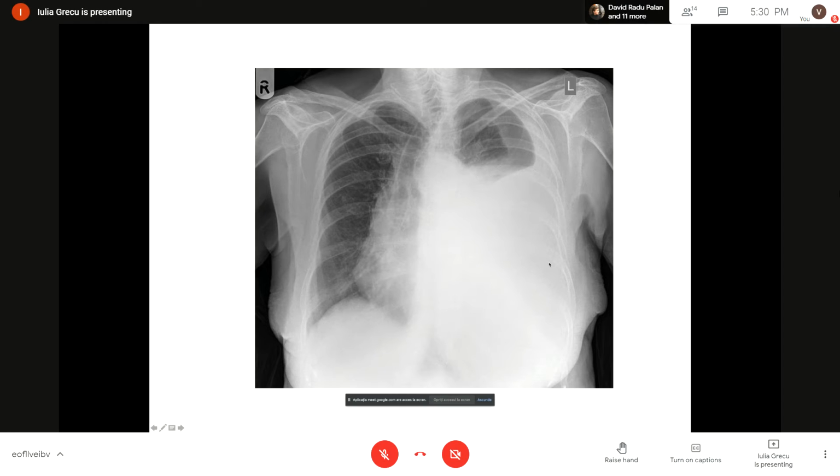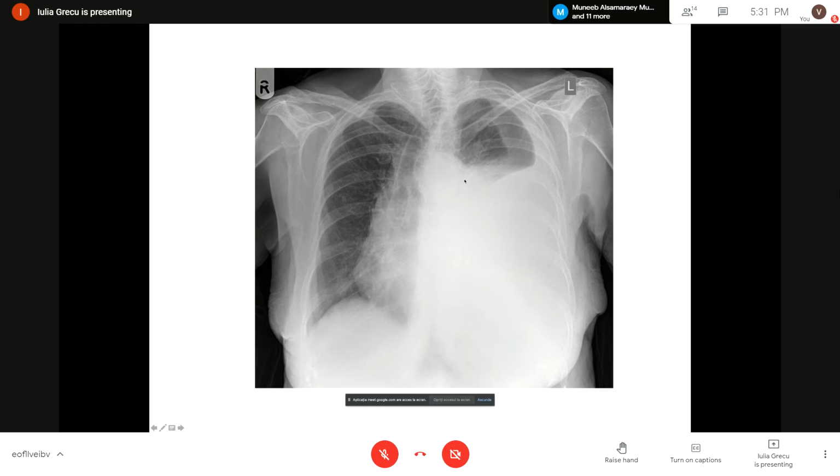Additionally, because it's so large, it determines a shift in the mediastinum, which goes away from the pleural effusion. It is pushed towards the right, and we can see this in the lucency of the trachea, which is moved to the right. The same thing happens to the right border of the heart. So the mediastinum is shifted because of a large pleural effusion.